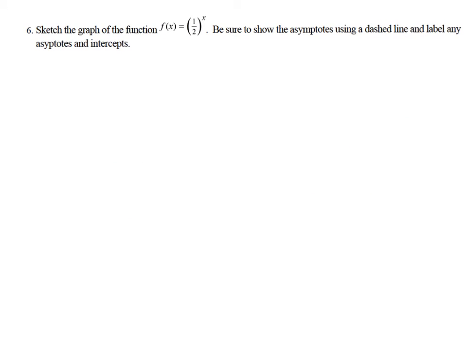In question number 6, it says, sketch the graph of the function f of x equals 1/2 to the x. Be sure to show the asymptotes using a dashed line and label any asymptotes and intercepts. All right, so in doing this question here, we're going to start with drawing ourselves an xy coordinate, and I'm going to label it off.